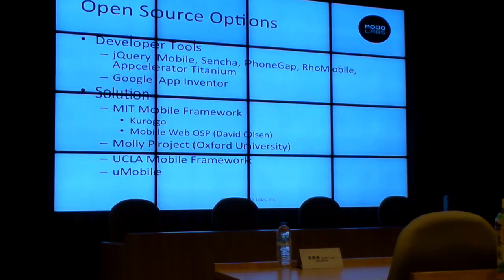And with their licensing scheme, you still have to contact them in order to get the code, but definitely there's another one out there. And then I think the last one that we encounter from time to time is called UMobile. It's another of those mobile frameworks that allows you to create a university presence.